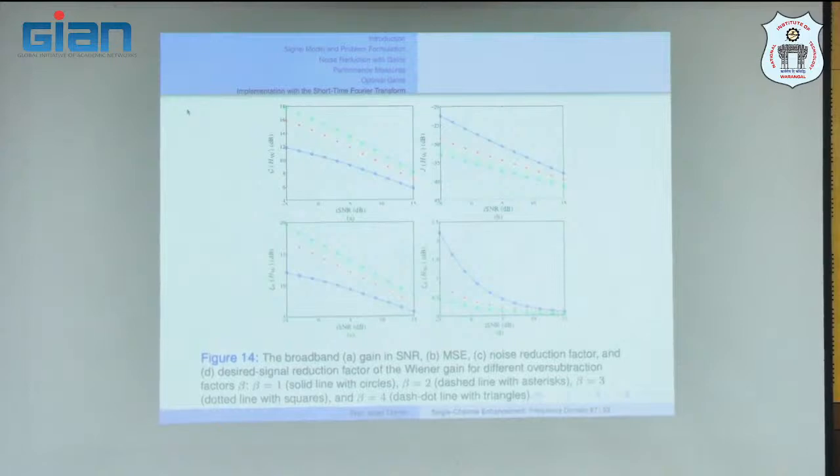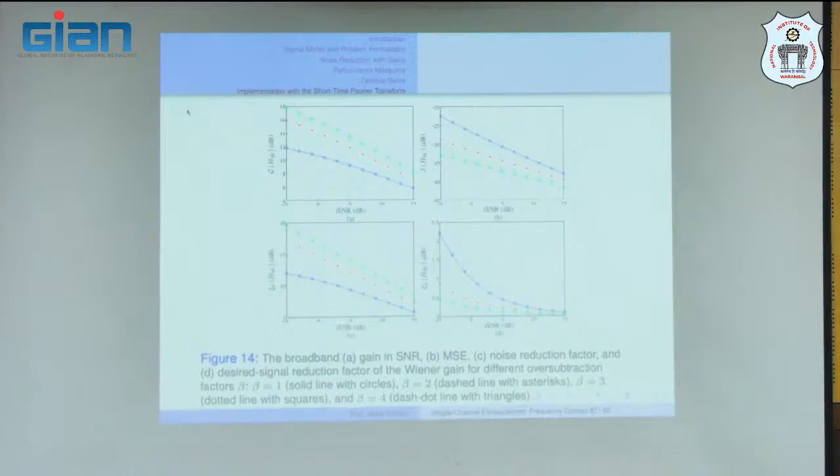This is the broadband input SNR. Okay, so the blue line is with beta equals to 1. This is red, beta equals to 2. And then 3 and 4. So you see for a given input SNR, as we increase beta, what will happen? More noise reduction. The noise reduction factor increases, which means that we suppress more noise. And the output SNR, the gain in SNR, will be also higher because we suppress more noise.